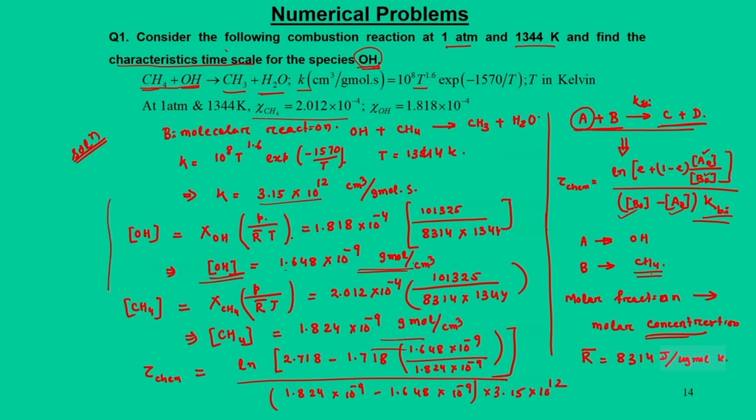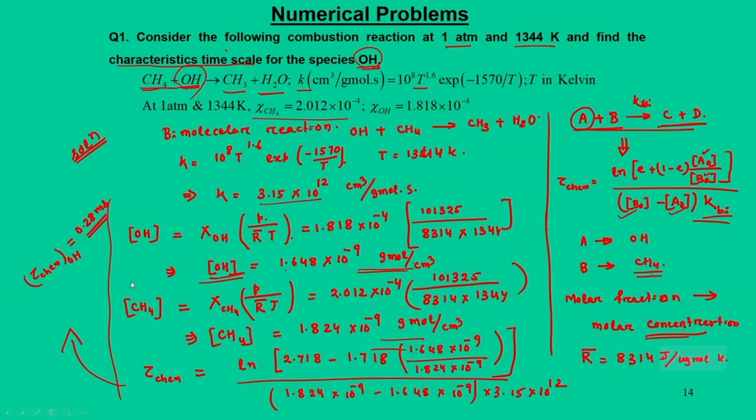After simplifying this, the chemical time scale for OH is equal to 0.28 millisecond.